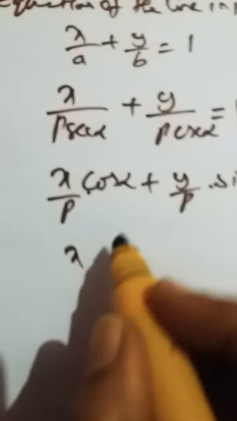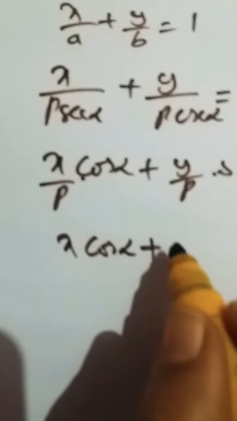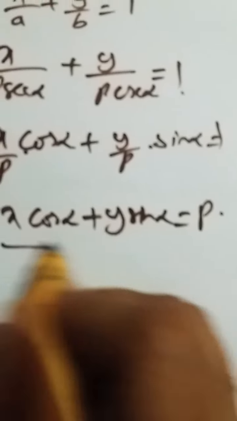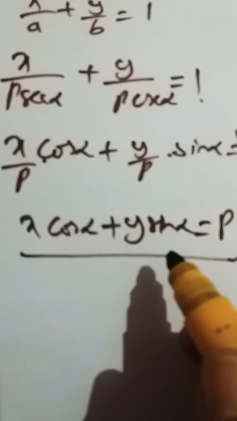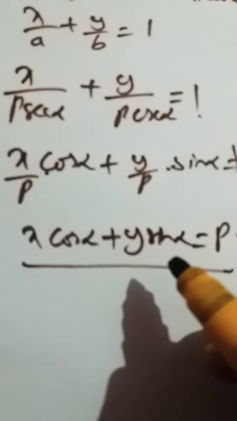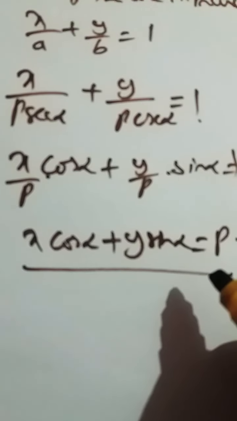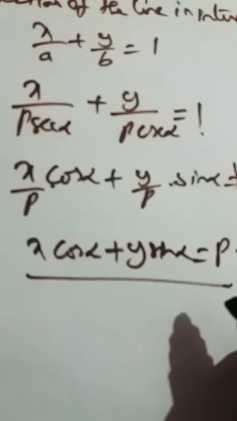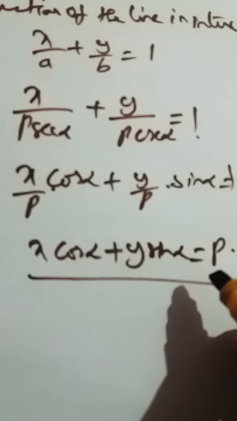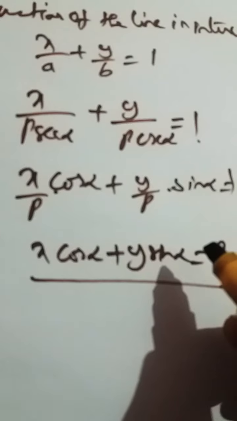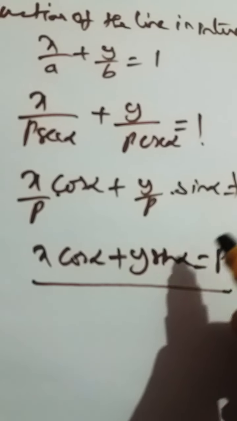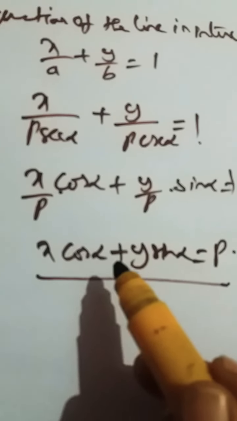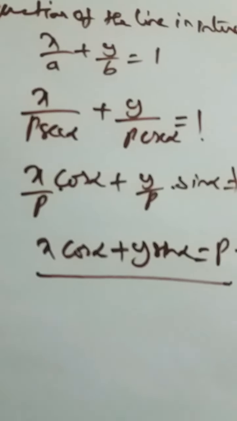We will get x cos alpha plus y sin alpha is equal to P. So when the line intersects both coordinate axes at A and B, and makes an angle alpha with the x-axis in the counterclockwise direction, and from the origin we draw the foot of the perpendicular ON, the distance is P, then we will get the line as x cos alpha plus y sin alpha equal to P.